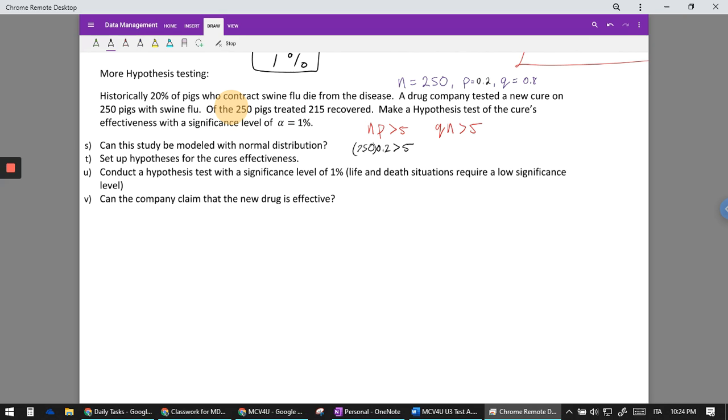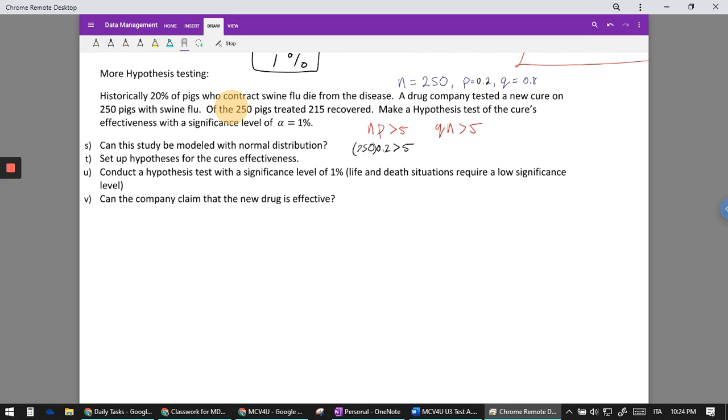It is 50. So that's greater than 5. And the other one is 200. That's also greater than 5. And so these guys are pretty good to go. So the question was, can this study be modeled with a normal distribution? And the answer is yes, because P times N and Q times N are both greater than 5.